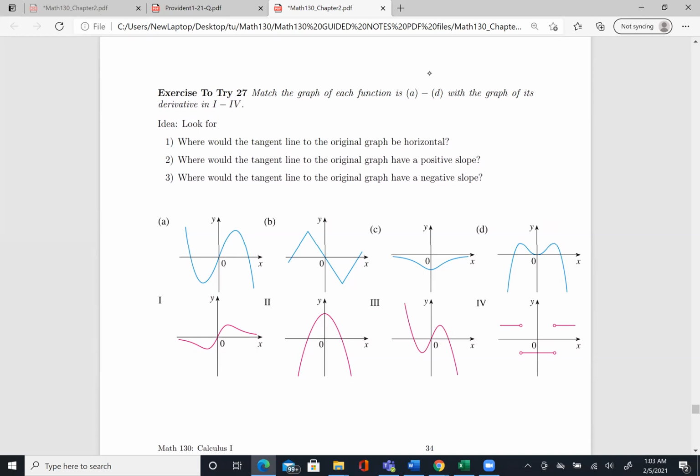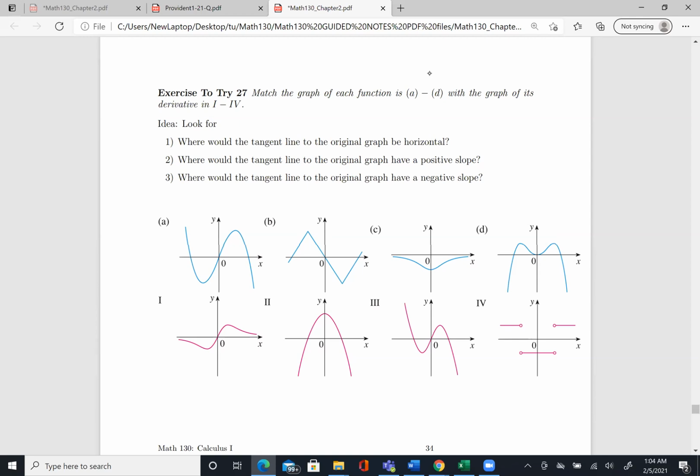And yes, I would like to let you guys try exercise 27. We're going to try to match the graph of each function, A to D, with the graph of its derivative in 1 to 4, right?